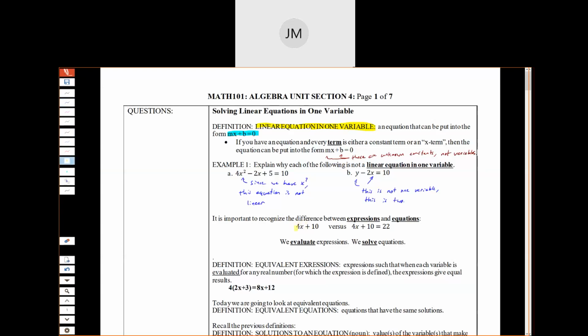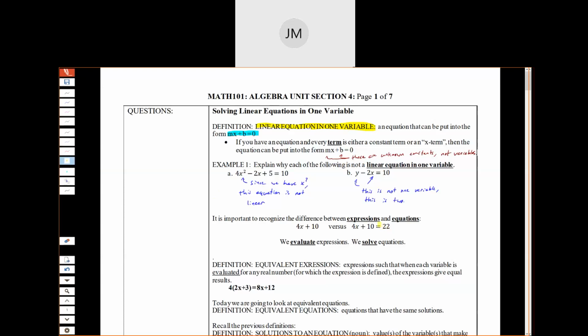Here we have an example, 4x plus 10, and that is in the form of mx plus b. One of the things we have to be careful about is that what I have here on the left is an expression. What we have on the right is an equation. And we don't solve expressions. That doesn't really have any meaning. We can evaluate an expression by plugging in a value for x and computing what the number is that we have resulted.